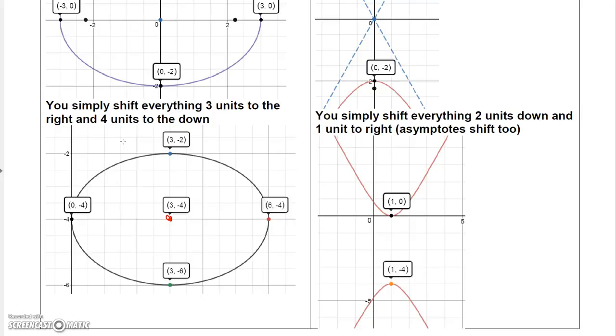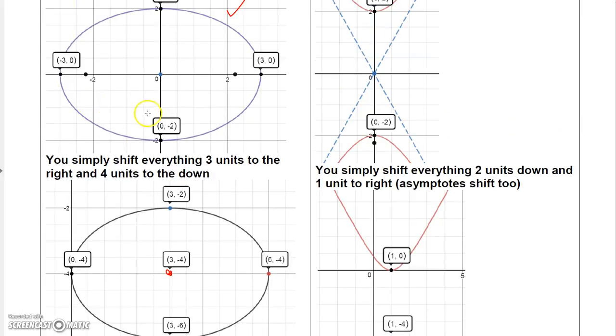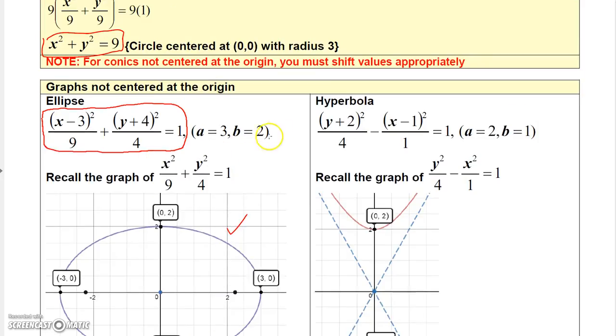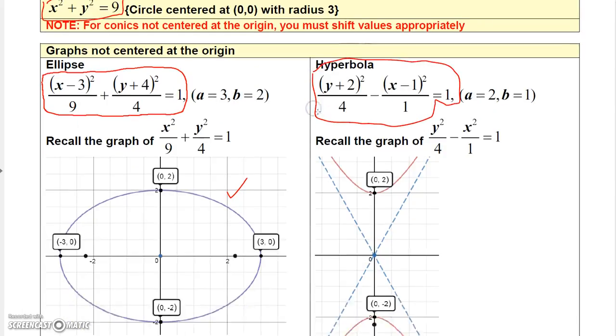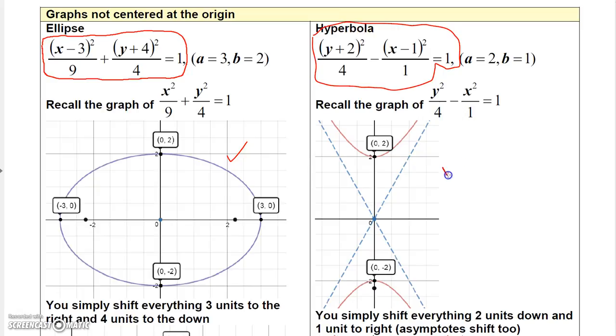And you can see the new values you would get if you took those values and shifted them 3 to the right and 4 down. Okay, let's go back to our hyperbola that was on the y-axis, and remember that looked like this, but that was for y squared over 4 minus x squared over 1 equals 1.